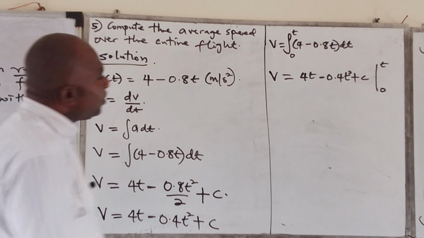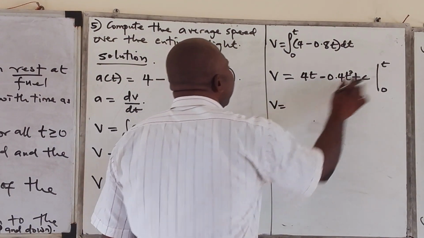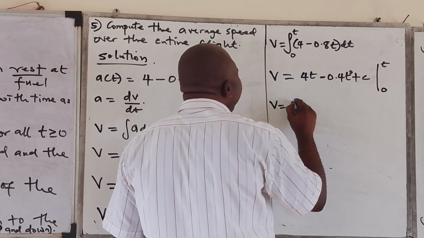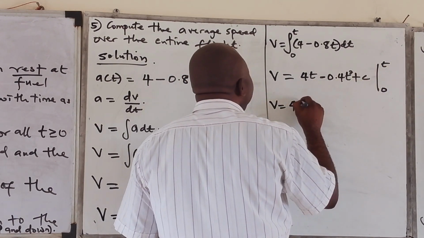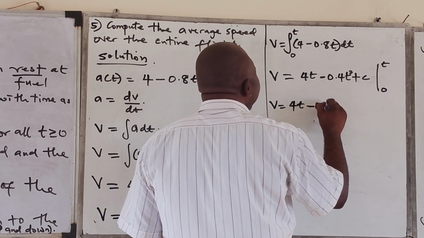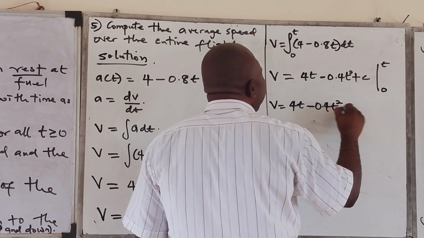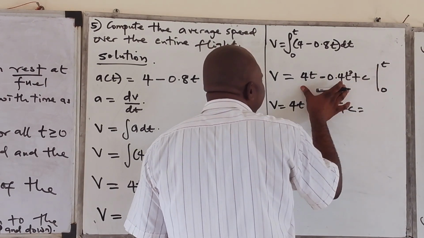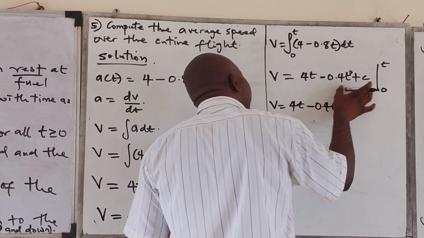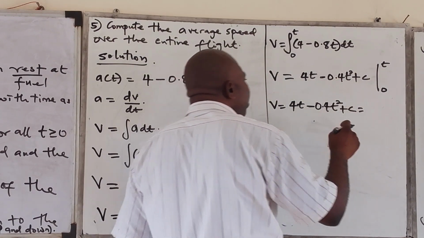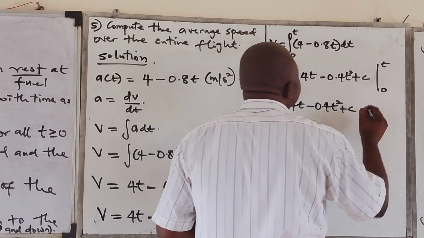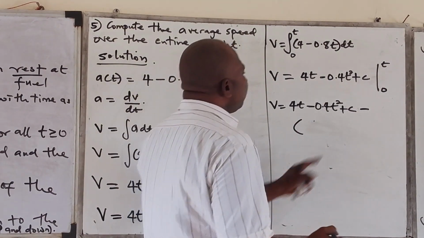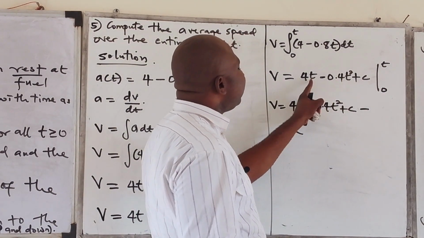So the first step here is to substitute the value of t. It gives us 4t minus 0.4t squared plus c. Anywhere you see t here, you put this t, so since t is t, it will still retain its value. Then here we have minus. The next is to put 0: anywhere you see t, you put 0.